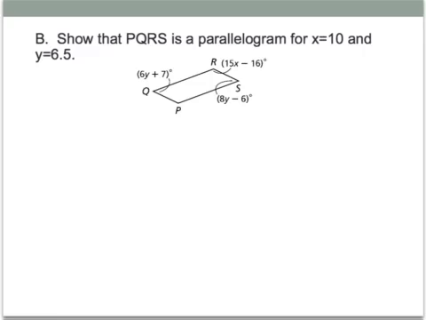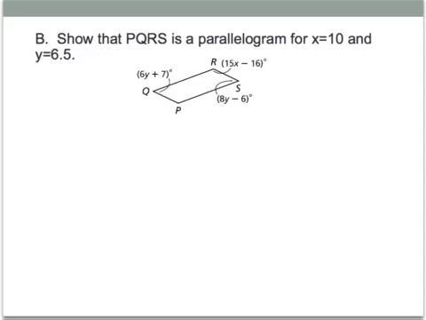So practice B says show that PQRS is a parallelogram for x equals 10 and y equals 6.5. So again, I want to use those 4 conditions that we talked about before, but this time I'm focusing on angles. Now, if you remember for angles, you need to check that consecutive angles are supplementary and opposite angles are congruent.